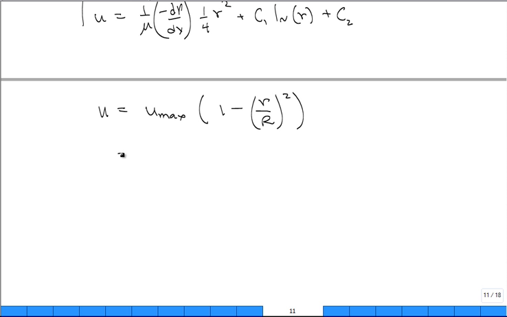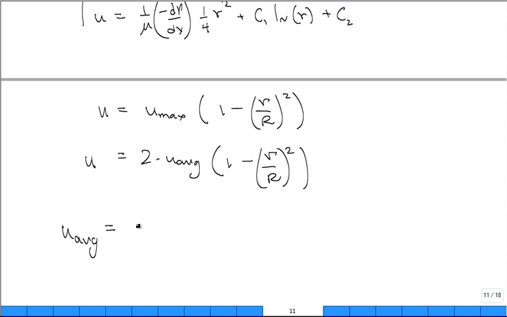well, let me do it another way. 2 times u average times 1 minus (r over capital R) squared, where u average is equal to R squared over 8 mu times negative dp dx.